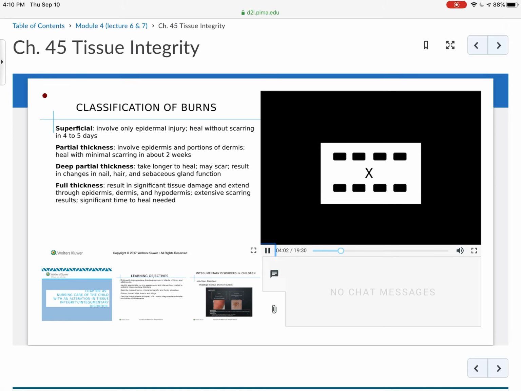And then you have full thickness, which, partial thickness and full thickness could require some surgical interventions. Full thickness will extend through the epidermis, dermis, and then hypodermis. And severe scarring, hair follicles and sweat glands would be destroyed.